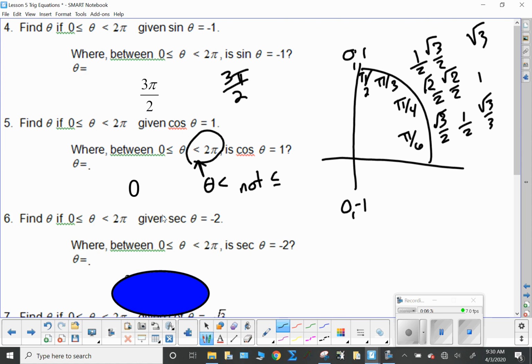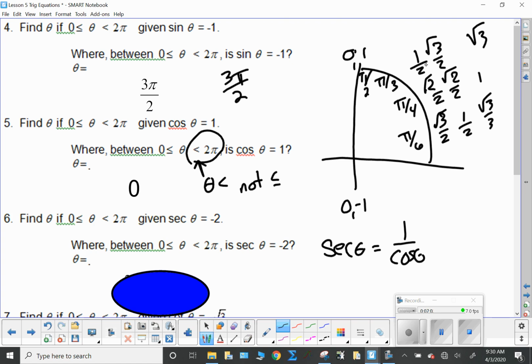Okay, here, secant is -2. Well, now I've got to figure out, if I take any of these and I flip them upside down, I realize it's my 1/2. Then I have to figure out secant theta is equal to 1 over cosine theta. So I'm looking for where the cosine was 1/2, which was here.